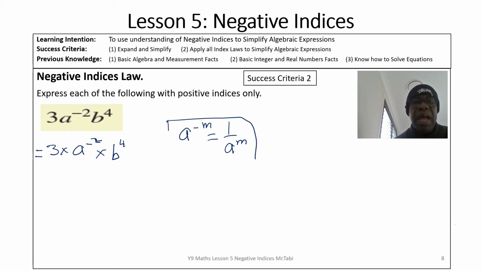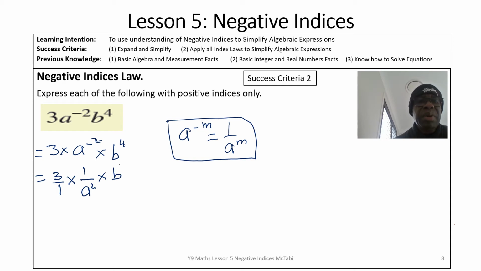That's the law I am applying. So 3 is simply 3 over 1, remember, as a fraction. And a to the power minus 2 is simply 1 over a to the power of 2. And I'm multiplying this by b to the power of 4 over 1.